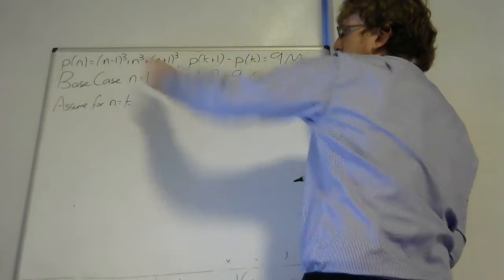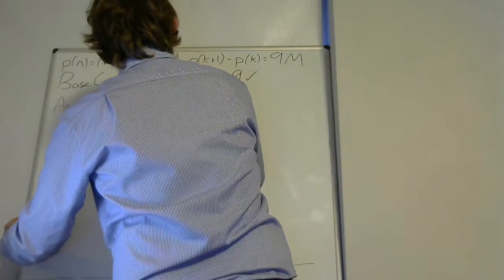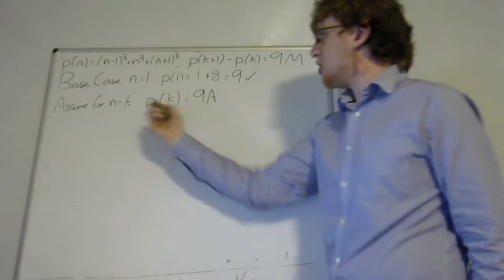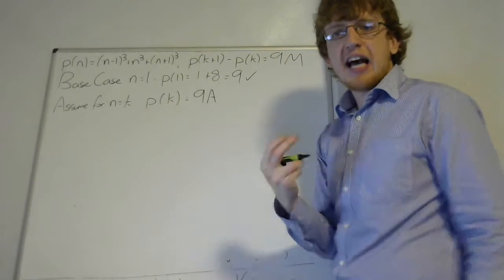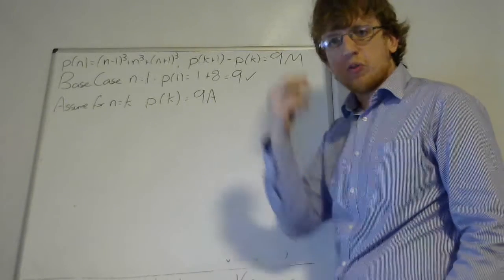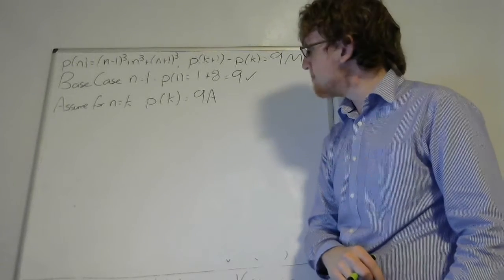So assume for n equals k that P of k is a multiple of 9. So we're going to assume, for now, that it's true that P of k is equal to 9 multiplied by a. That P of k is a multiple of 9 is what that means.